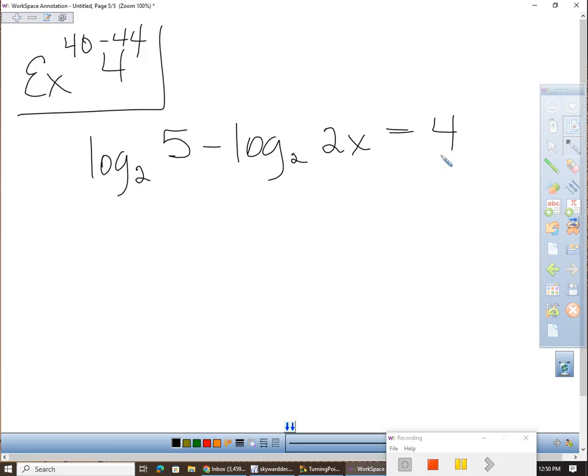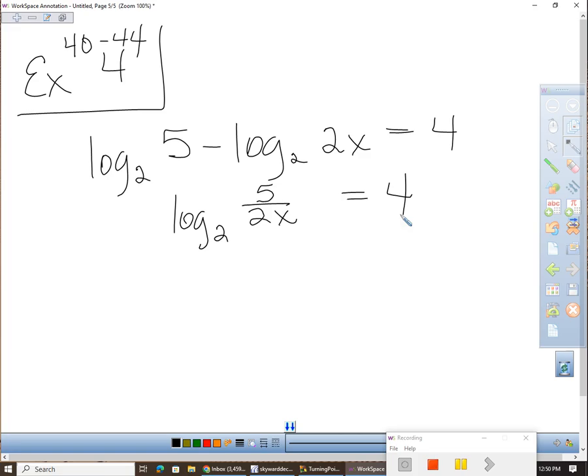All right, so first of all, now we got 2 logs going on, right? So we got to condense them into 1 in order to be able to solve this. So in the log world, when we subtract, we really do what? Divide. So I'm going to rewrite this as log base 2 of 5 divided by 2x equals 4.